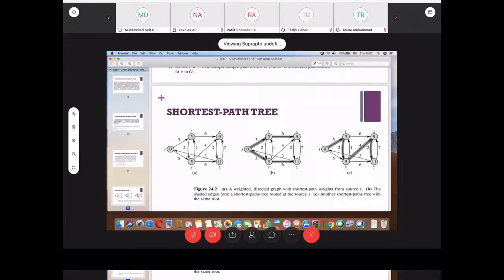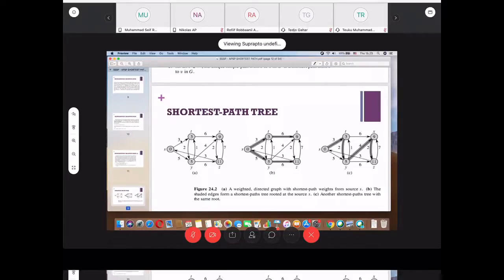Even though there is more than one path: starting from S through Y, and then going to T. But the weight of this path is 6, right? 5 plus 1 is greater than 3.